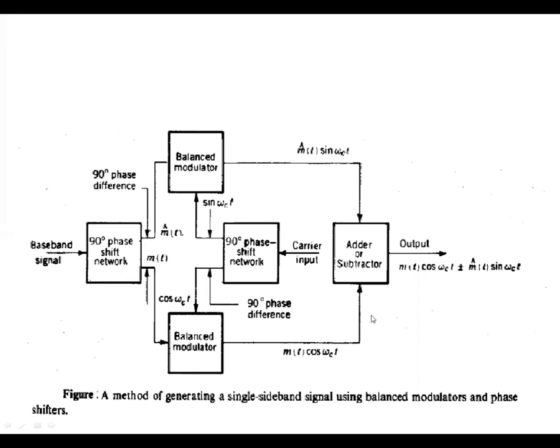If you add, the lower sideband is obtained; if you subtract, the upper sideband is obtained. Okay, so this is the phase shift method. Students, please practice the block diagram again.